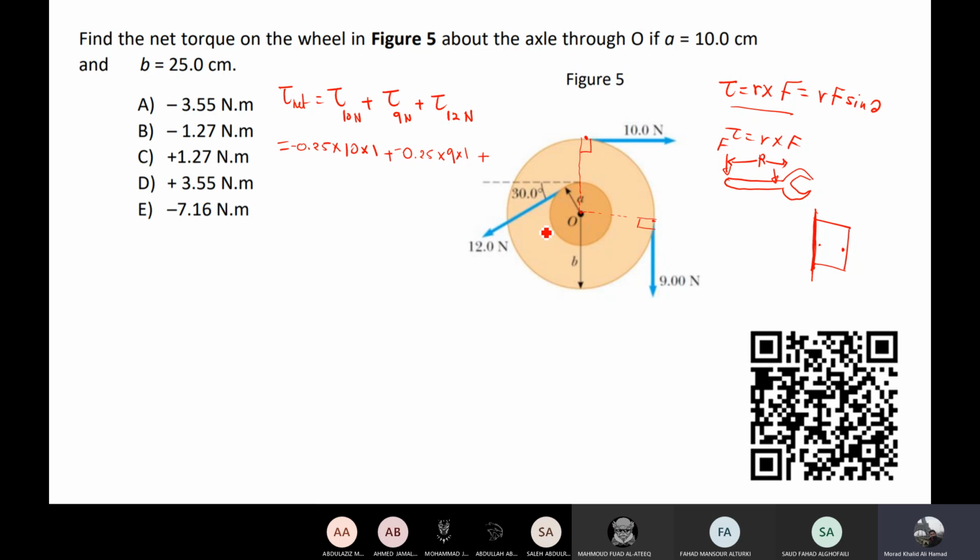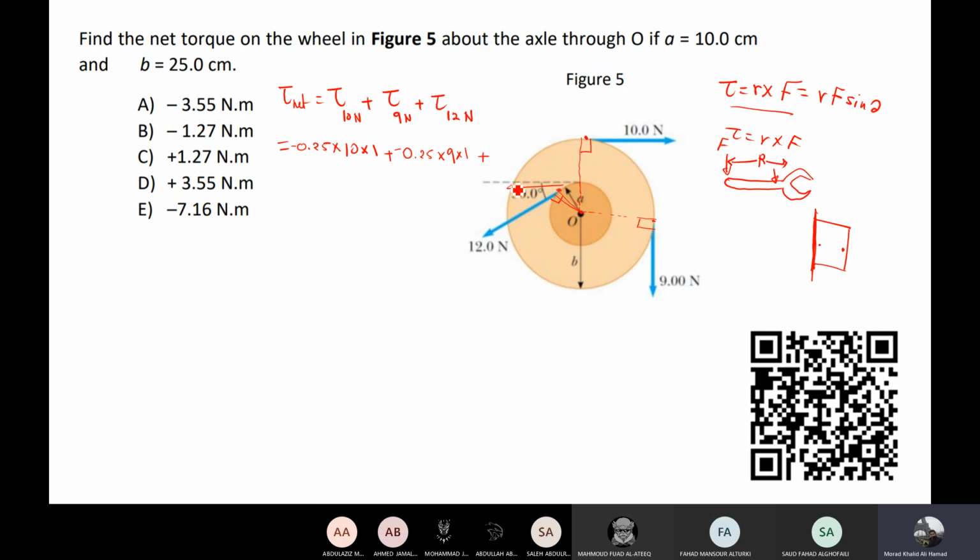Plus for the 12 Newton. Here, let's first determine R. How much is R? R is 10 centimeter, 0.1 meter. Okay. How much is theta? 30 degrees? No, 210 degrees? Who has another number? Another option. Actually this theta is 90. This is the trick in the exam.